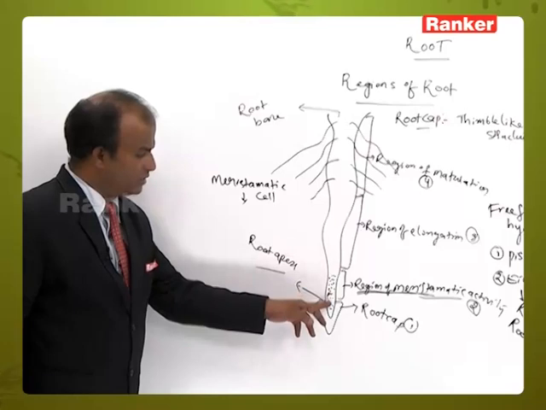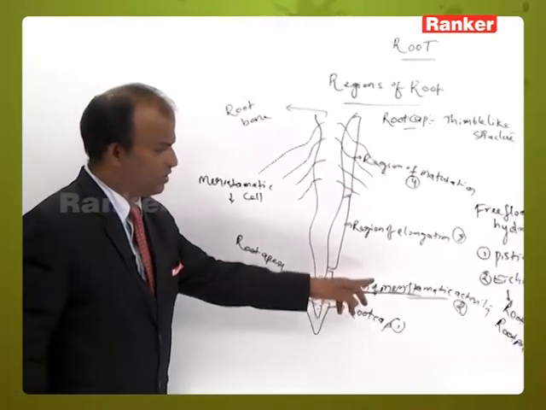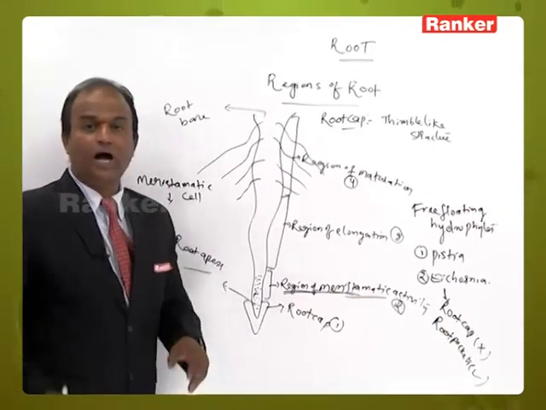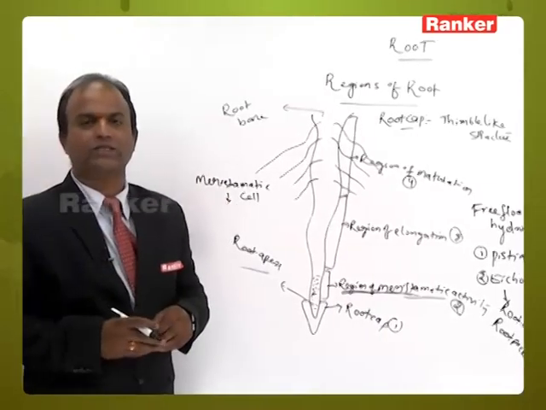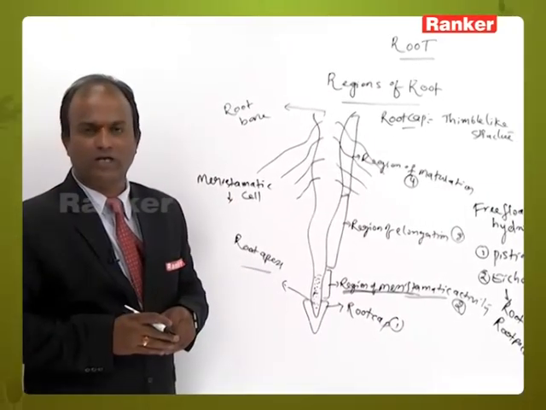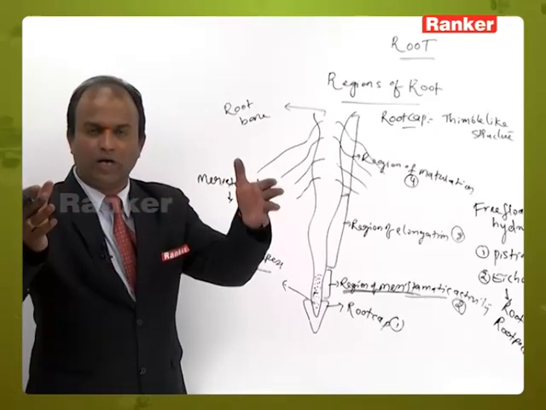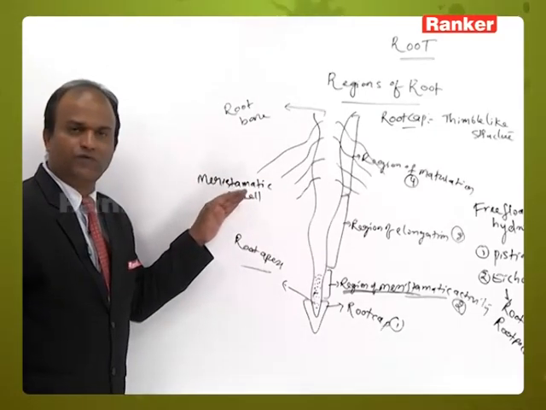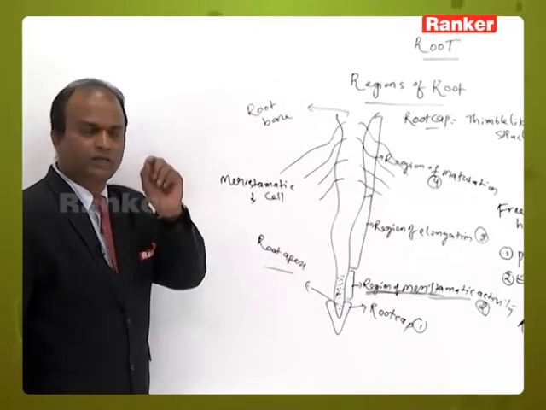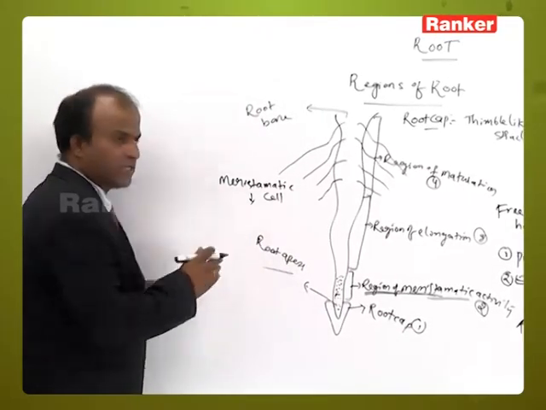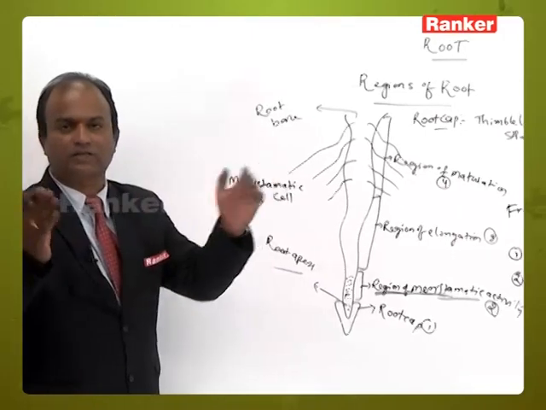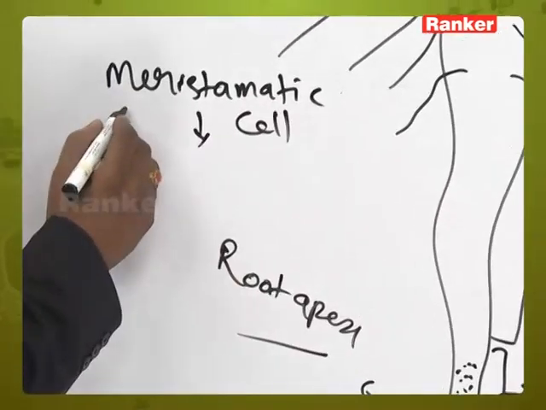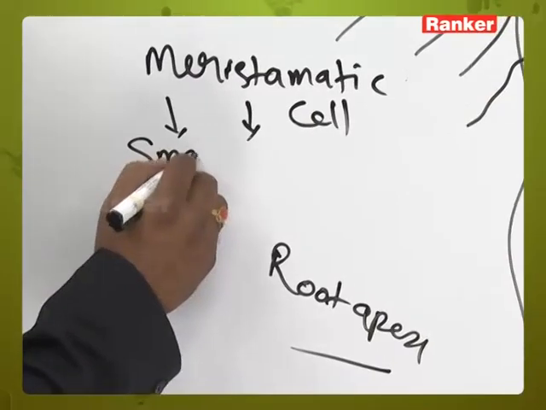That means all meristematic cells present in the region of meristematic activity undergo mitotic divisions, due to which more number of new cells are produced. Can you tell me the characteristic features of this meristematic cell? These meristematic cells are very small in size.